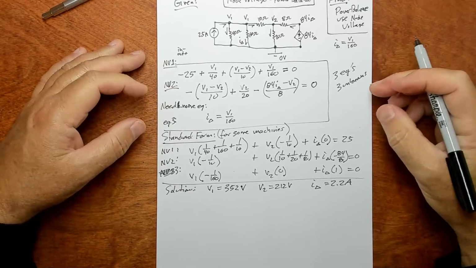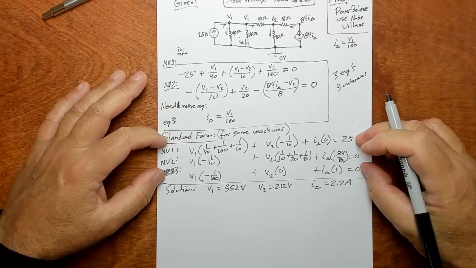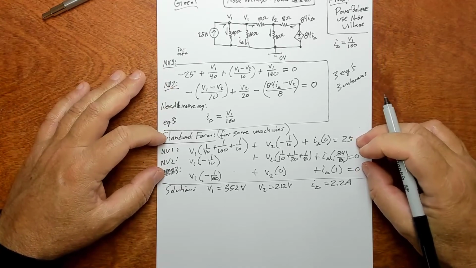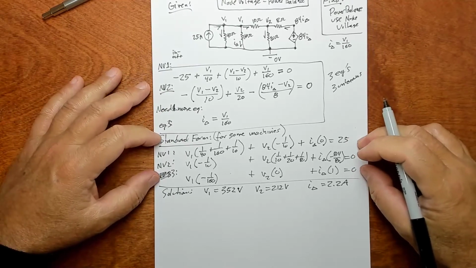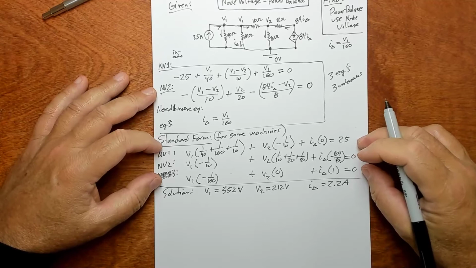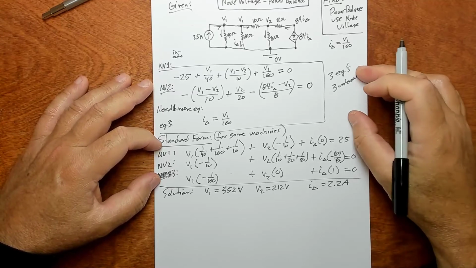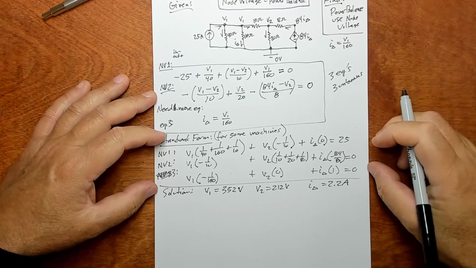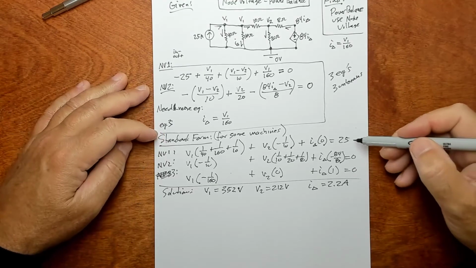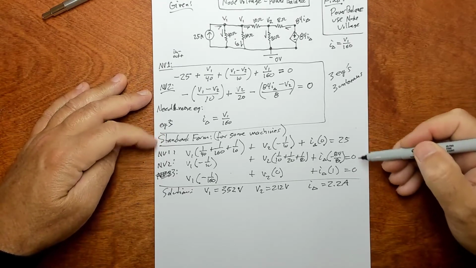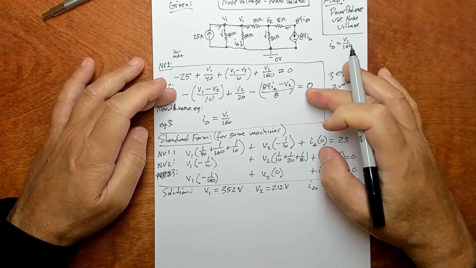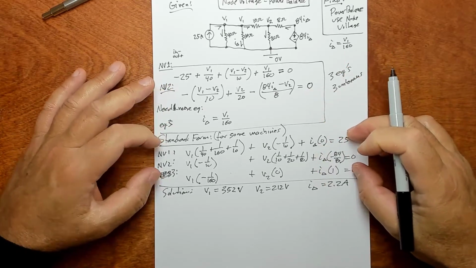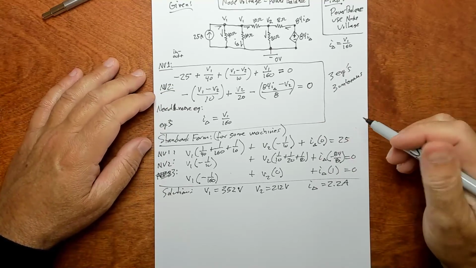Okay, so if you need to manipulate this more to get it into your calculator, or your program that you found on the web, or whatever you're using to solve this system of simultaneous equations, that's fine, do that. I'd like to see it at least in this form, please, because this is something I can grade. This can be written in many different ways, but if you write them out like this, I can check them much easier and see if they're okay.